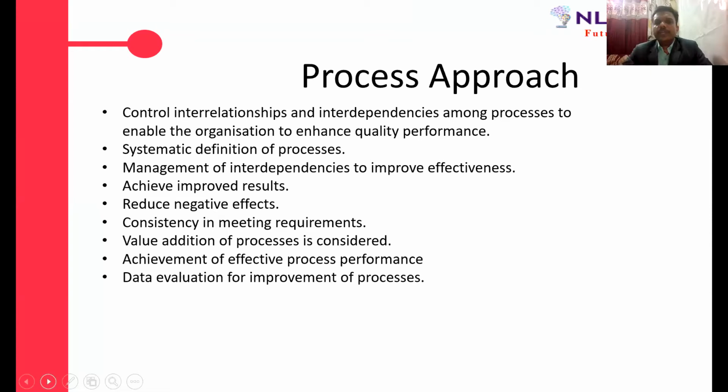That is when you get fresh seafood, just as an example. So there has to be a systematic definition of processes so that people have an idea on what has to happen next and they work in line with this definition.